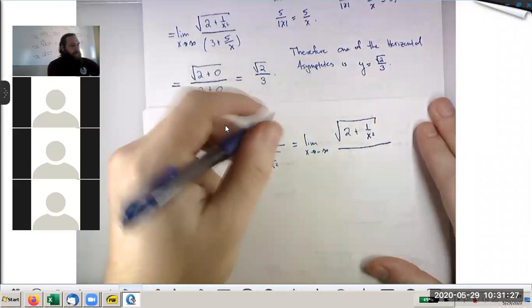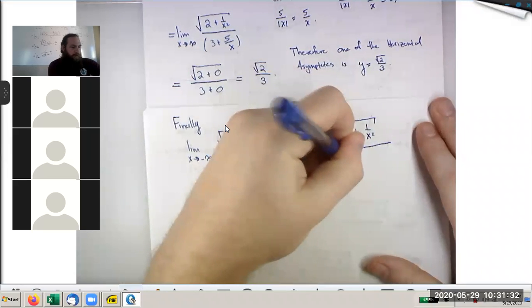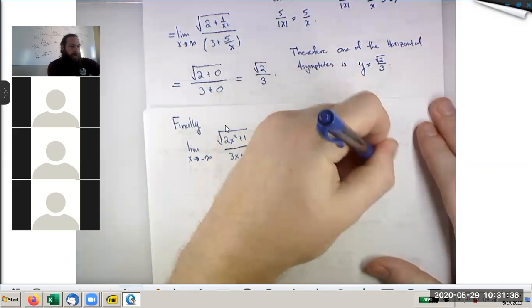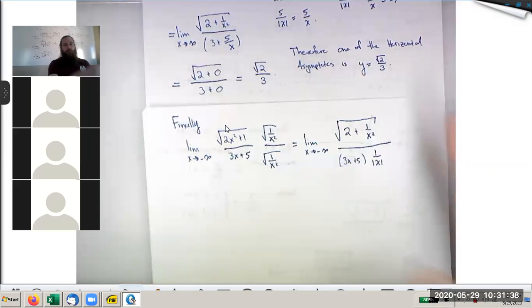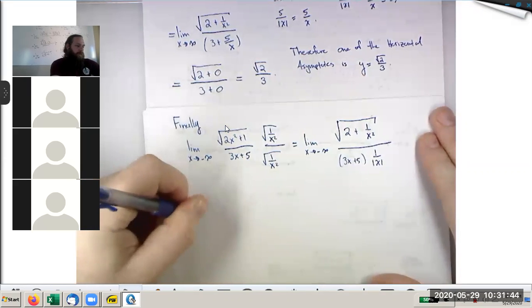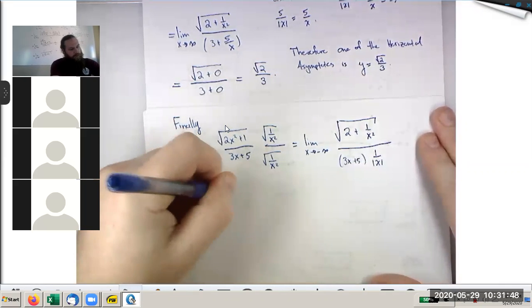Downstairs, I write 1 over the square root of 1 over x squared as 1 over the absolute value of x. And then I'll distribute it, and we'll get this.